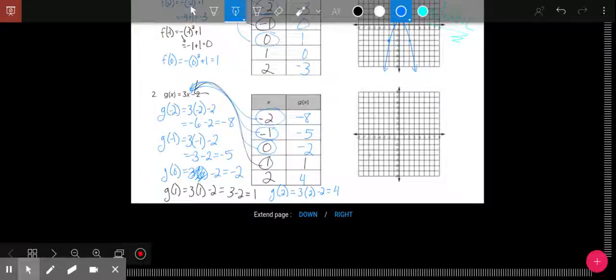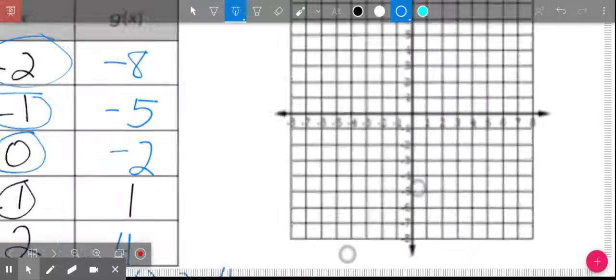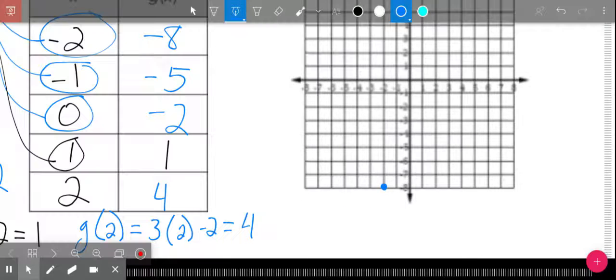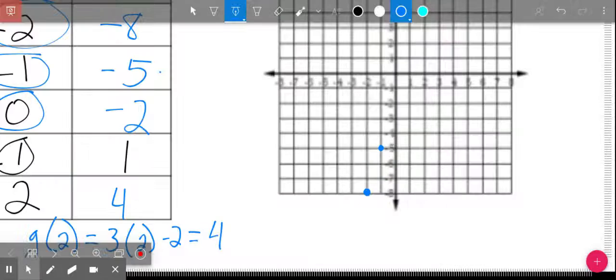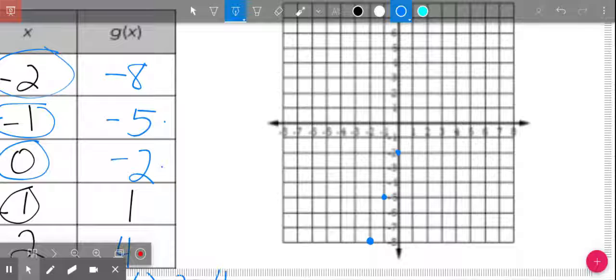So now that we have all of our outputs, we're going to plot those. So I'll have -2, -8, way down here. And then we had -1, -5. And then we had 0, -2. Yep, 0, -2. Then we had 1, 1.